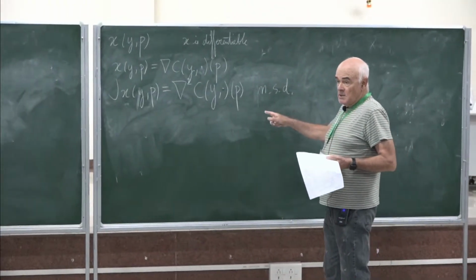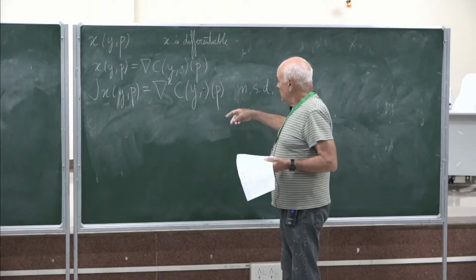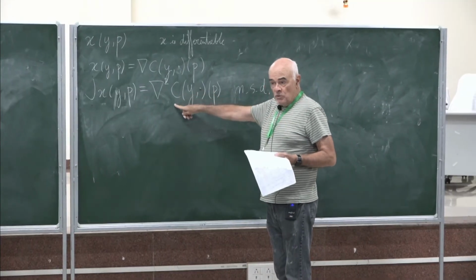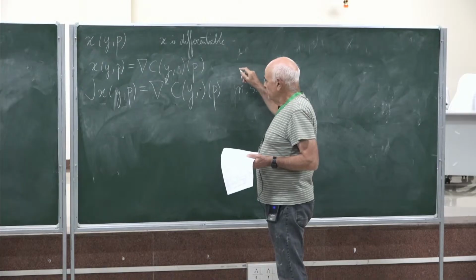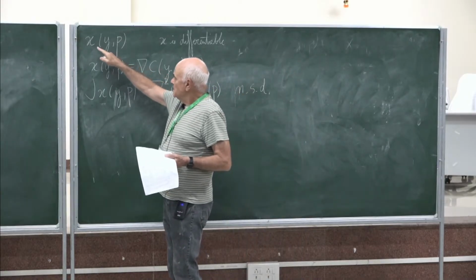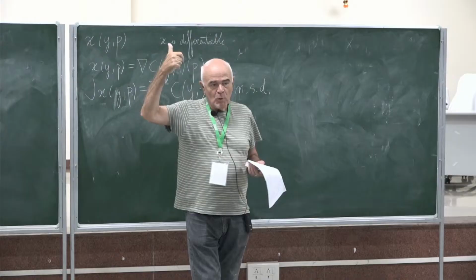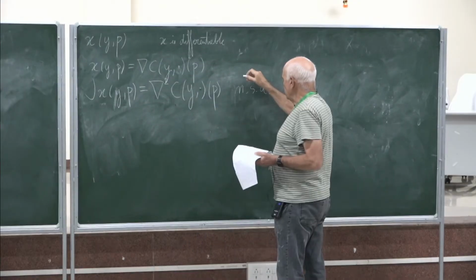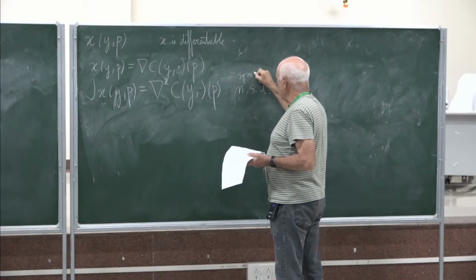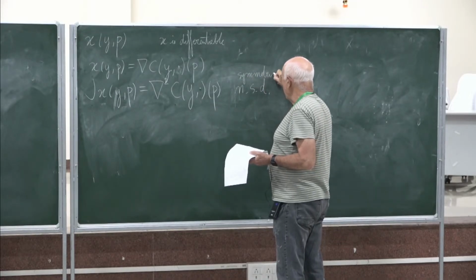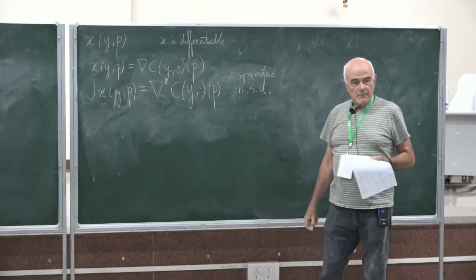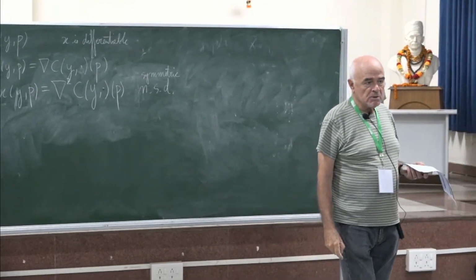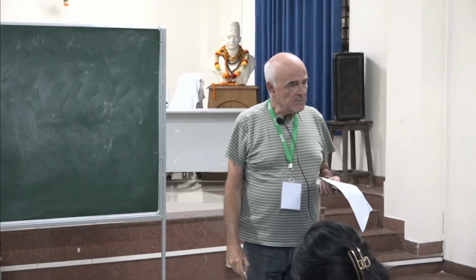Not only negative semi-definite, but assuming that x is of class C1, then the cost is of class C2, and then it's also symmetric. For a C2 function, the Hessian matrix is symmetric.